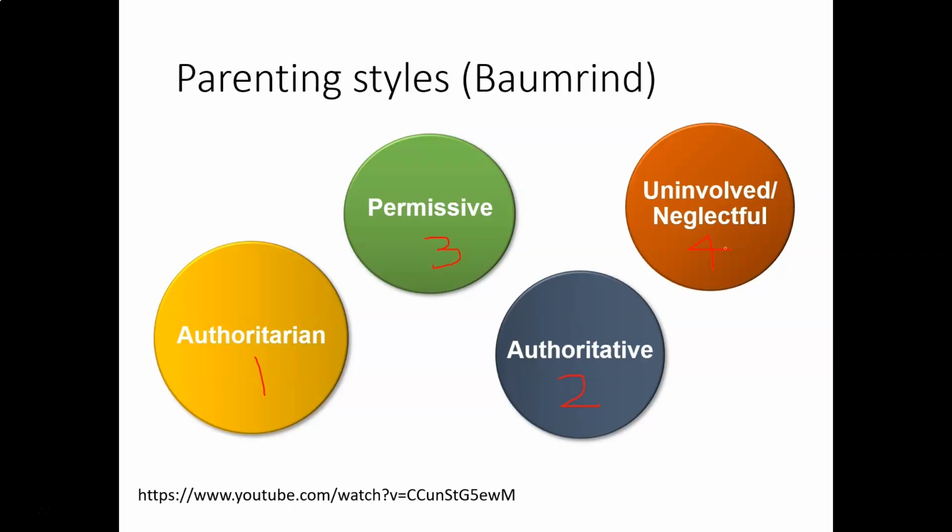Authoritative, even though it sounds very similar, is quite different. Authoritative parenting style is a type of parenting style where there's flexibility for the child with guardrails. So, for example, if a child gets into trouble and does something wrong, oftentimes parents who are using authoritative parenting style end up using that event as a learning opportunity, have a conversation with the child, and explain why it was bad for them to do what they did or why they got in trouble.